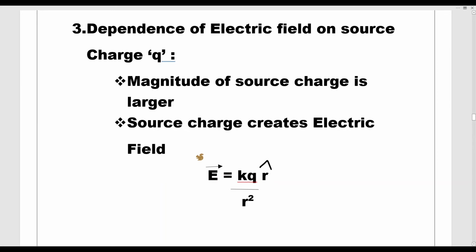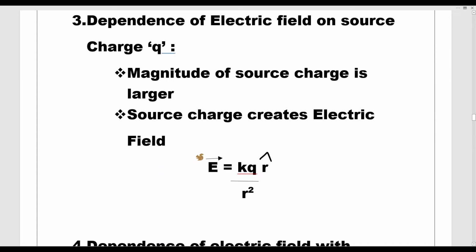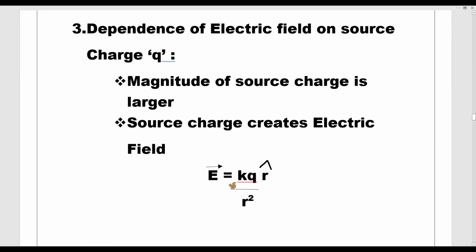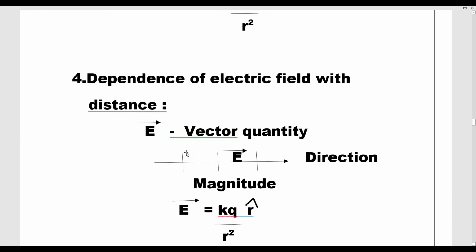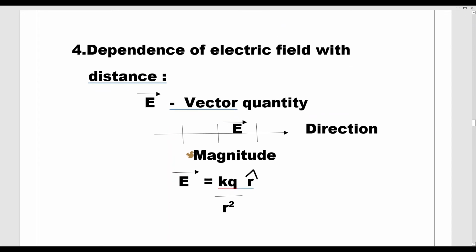From the expression for electric field, E vector is equal to kq by r square r unit, it is clearly understood that electric field depends on source charge Q only. Okay guys, now we move on to the fourth aspect, dependence of electric field with distance.